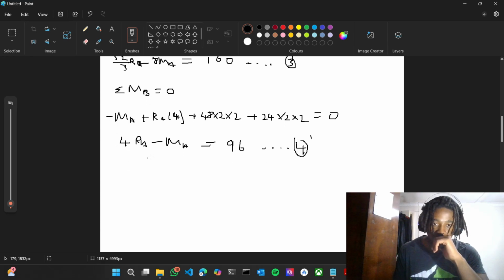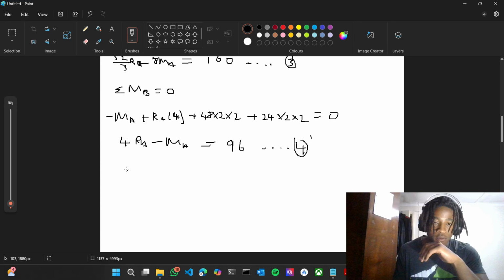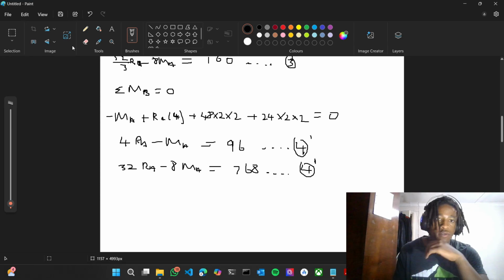So if we multiply everything here by 8, we're going to have 4 by 8, which is 32 RA minus 8 MA, that equals 96 by 8, which is 768, and we can call this 4 prime.